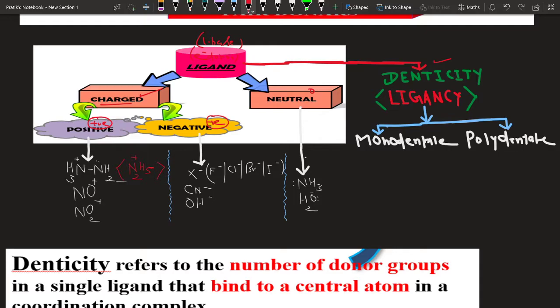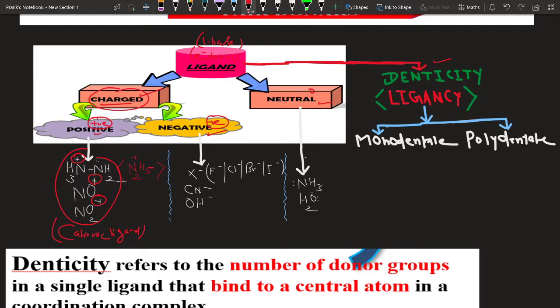Neutral. So we can conclude that on the basis of charge, a ligand can be cationic, anionic, or neutral. Can you see all these examples? In all these examples, if you see, the ligand molecule has a positive charge. So these are all referred to as cationic ligands.